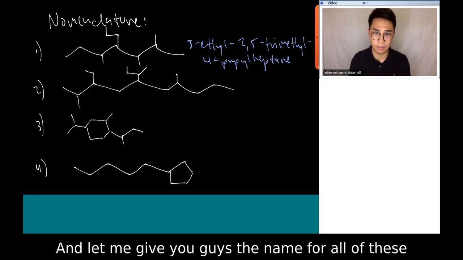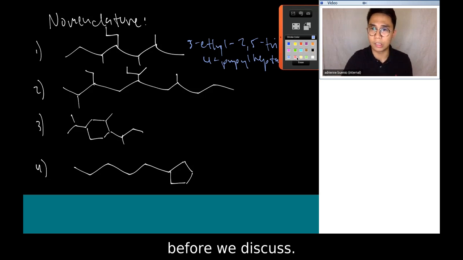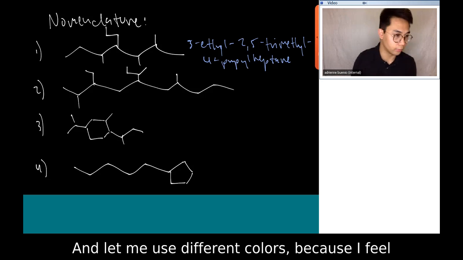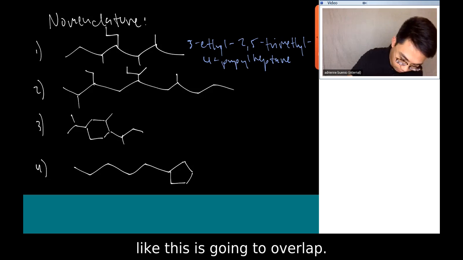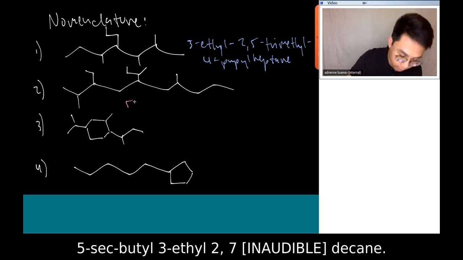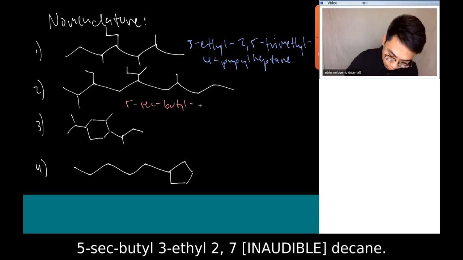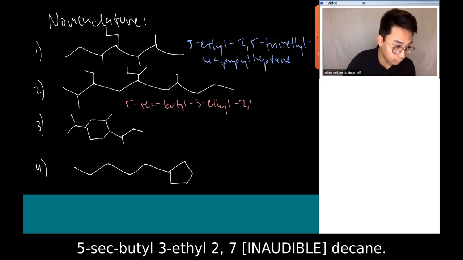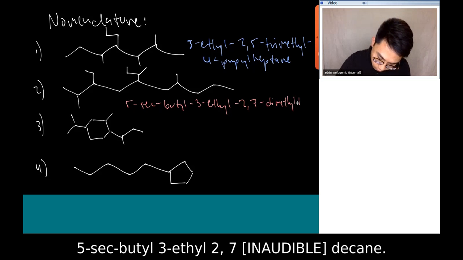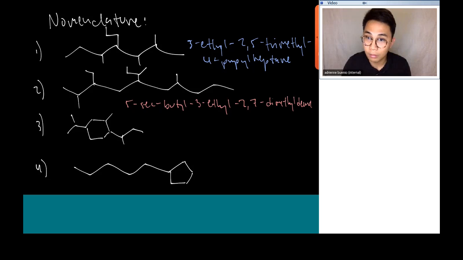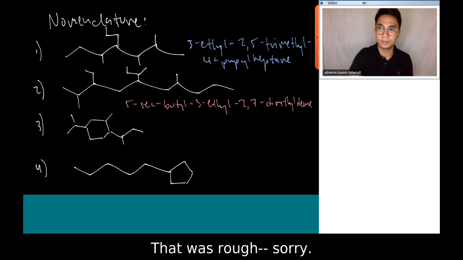And let me give you guys the name for all of these before we discuss. And let me do different colors because I feel like this is gonna overlap. 5 sec butyl, 3 ethyl, 2,7 dimethyl decane. Ooh, okay, that was rough.